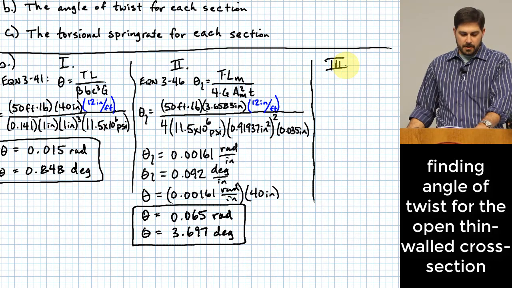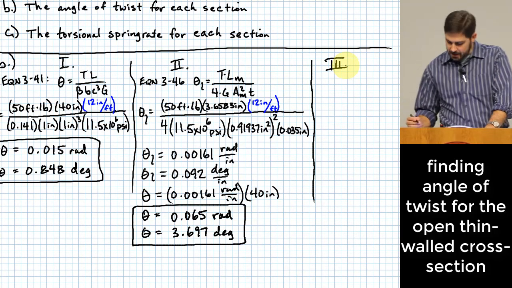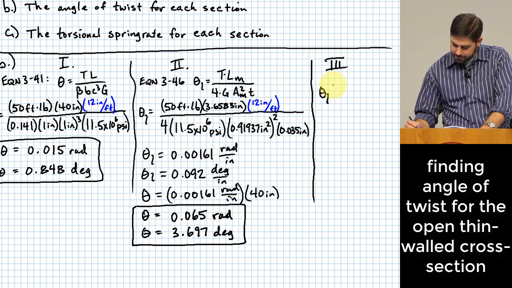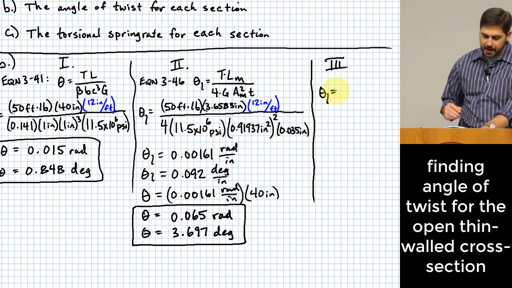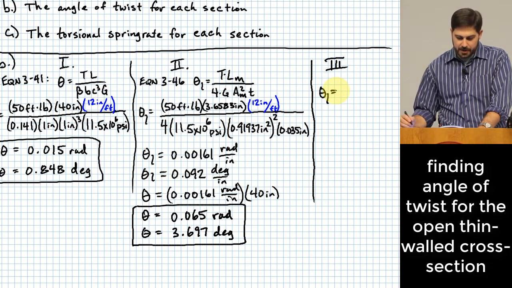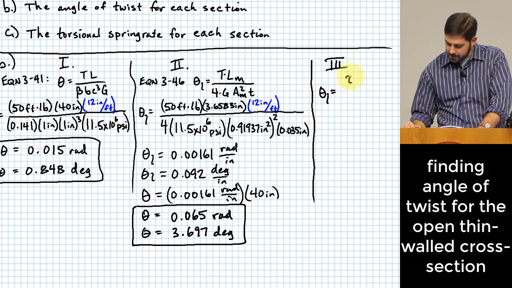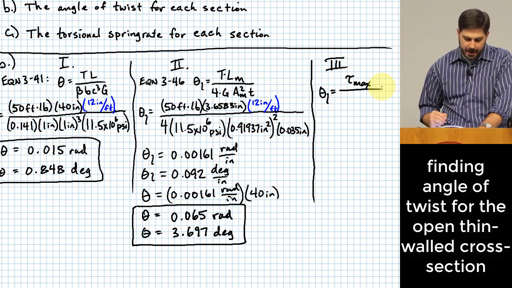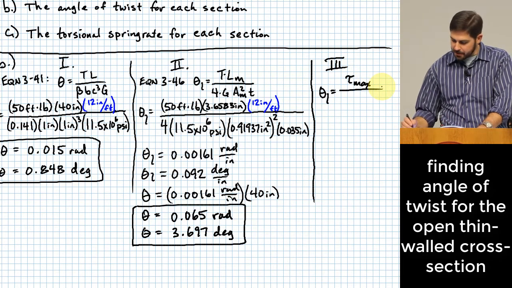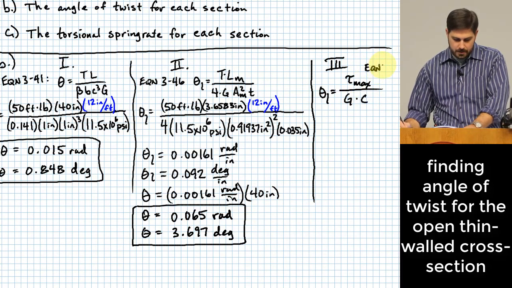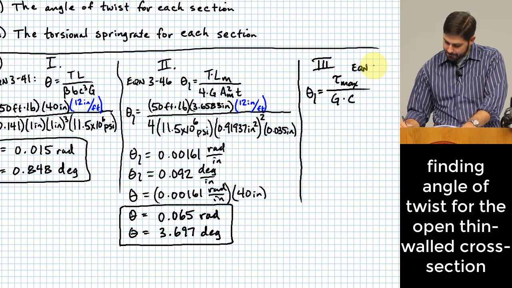How I interpret that is that since we've already calculated what the maximum shearing stress is, theta sub L can basically be that maximum shearing stress divided by G times C. This is equation 347 again.